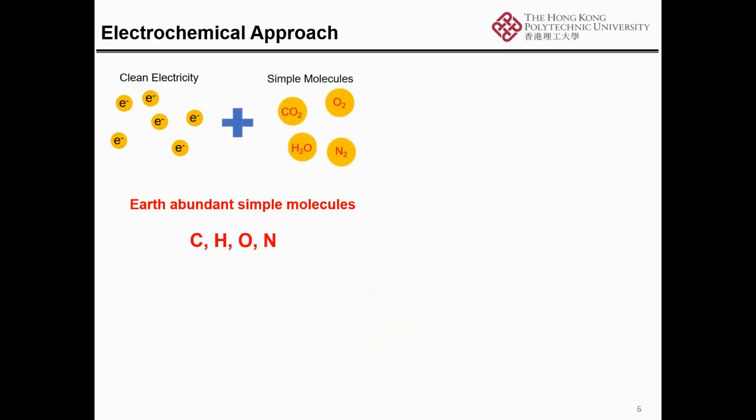My research group was established only 1.5 years ago. My work mainly focuses on the electrochemical approach to convert some earth-abundant simple molecules to chemicals, focusing on CO2, oxygen, water, and nitrogen. For CO2, we produce chemicals like ethanol and methanol.